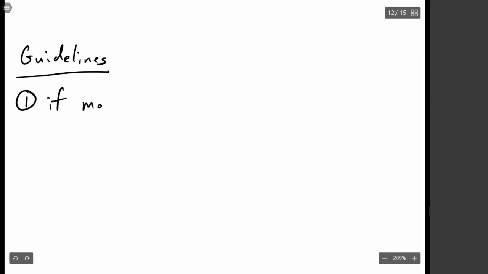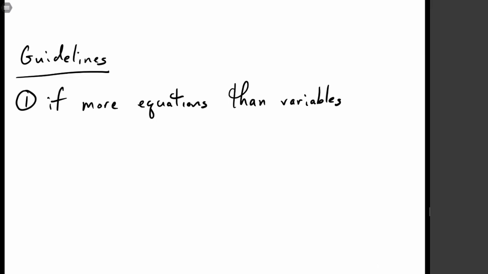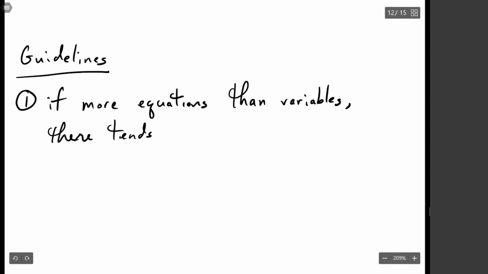So here, some guidelines are: if there are more equations than variables, so this might be something like having 3 equations but only 2 variables, then there tends to be no solution.